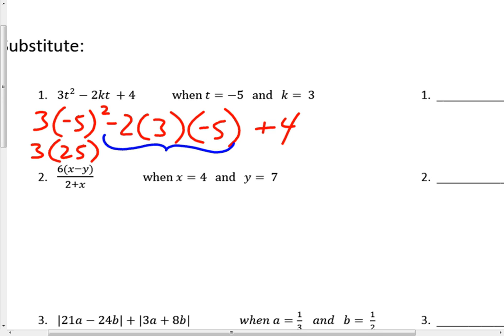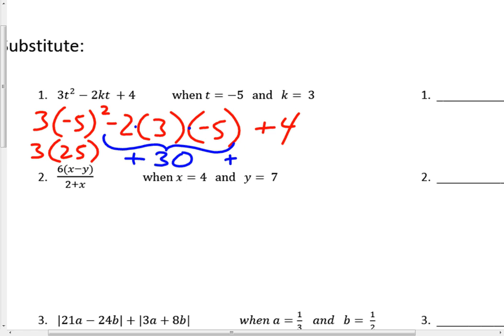Ignore this, ignore this. You've got negative 2, 3, and negative 5. What does it mean when everything's next to each other? What operation? Put it in if that helps. What is negative 2 times 3 times negative 5? Positive or negative? Positive. Check and see. Do you have a positive 30 there or a minus 30?